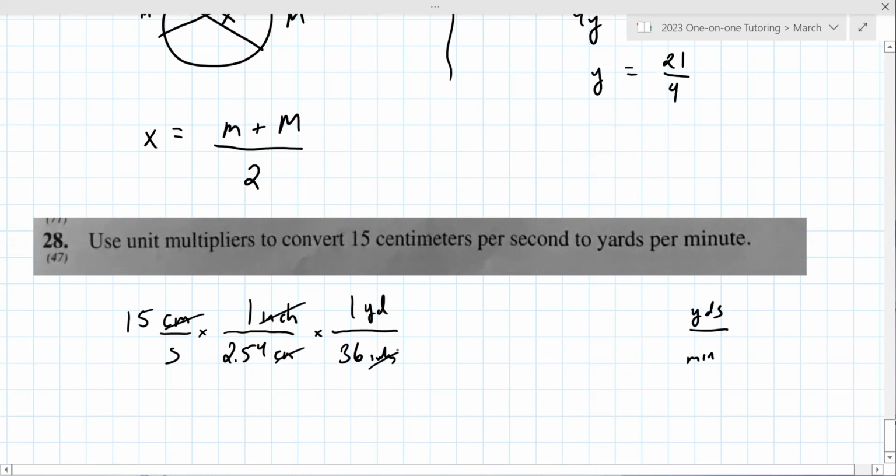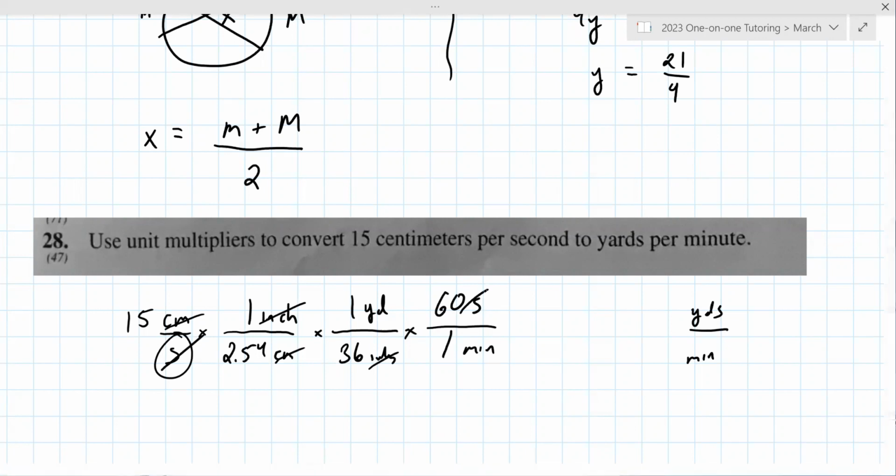Now we're going to deal with the bottom one. Okay, there are 60 seconds. Now notice the difference here is that instead of putting the matching unit on the bottom, I put the matching unit on the top. 60 seconds in 1 minute. Seconds cancel. And now I've got it. Okay. So I guess I'd calculate that.